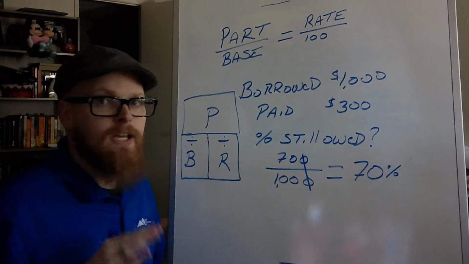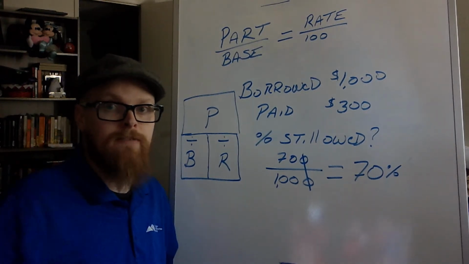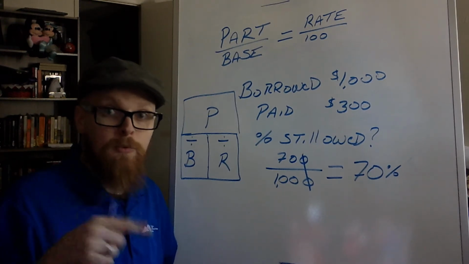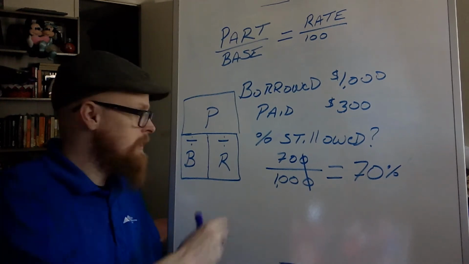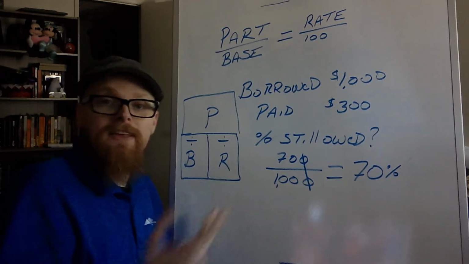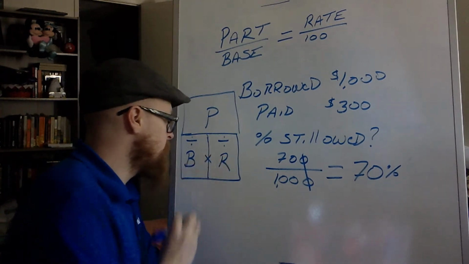They will only ever give you two of these in any problem. Your task is to determine what they gave me. Did they give me the part and the base, and I have to find the rate or the percentage? Did they give me the rate and the base? There's a multiplication sign between here.